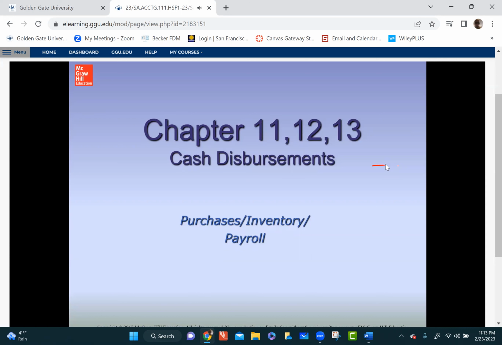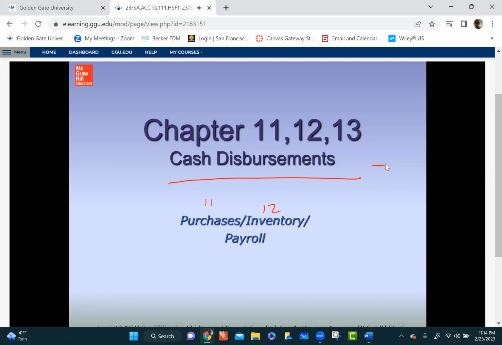So let's go ahead and take a look at chapters 11, 12, and 13. I know, guys, it's a little daunting. Holy Toledo, we're going to be here for hours talking about three chapters' worth of information. But when you really look at these three chapters, they're really talking about cash disbursements, generally in purchases. We can purchase services, of course, but we could also purchase goods such as equipment. But really, when we think about purchases, we're primarily talking about inventory.